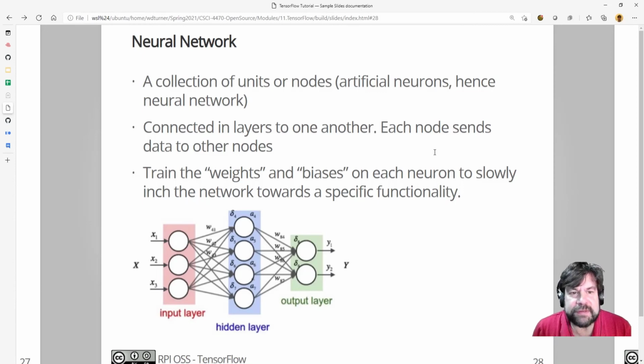And what you have is layers of these, and you have a flow through them, and you have interconnection patterns. So for example, you'll often have an input layer where you present the inputs. So in here we have 3 inputs to our model. They go into these 3 nodes.